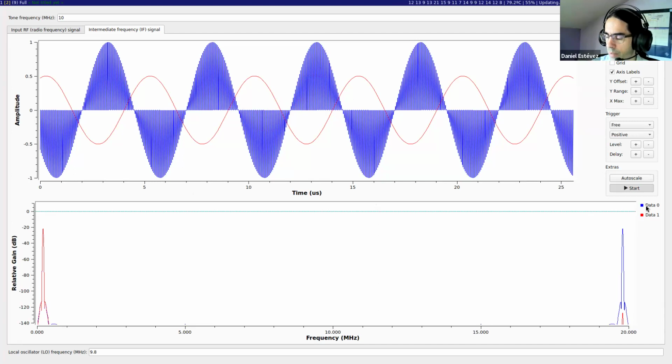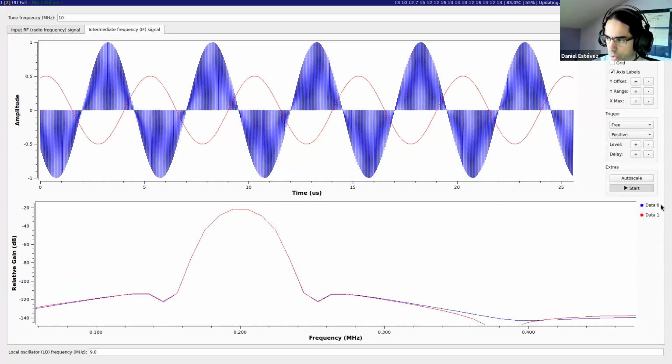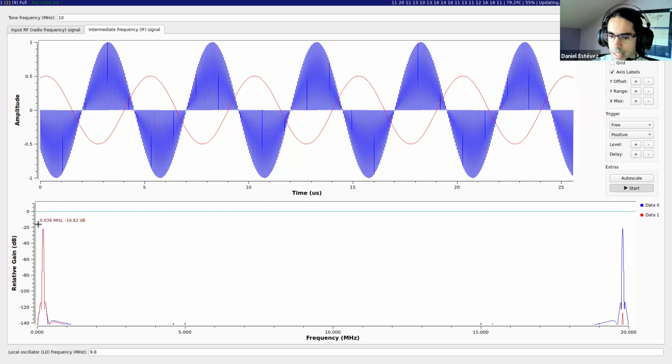On the FFT plot, on the frequency plot, we see here, by the way, we can click on this to enable and disable. So we can see that the signal, which is at 0.2 megahertz, is almost the same on the blue thing, which is the input of the filter, and on the red thing, which is the output of the filter, because, as I said, a low pass filter leaves the signals with a low frequency pass without any attenuation.